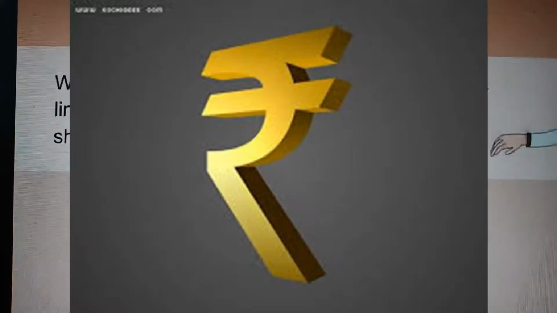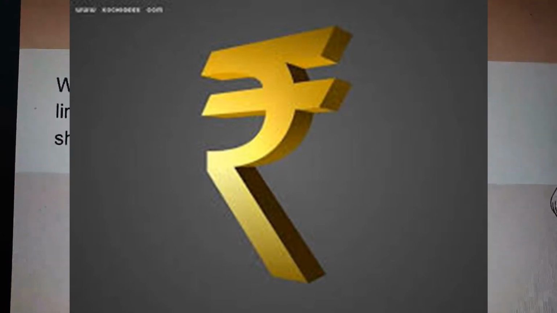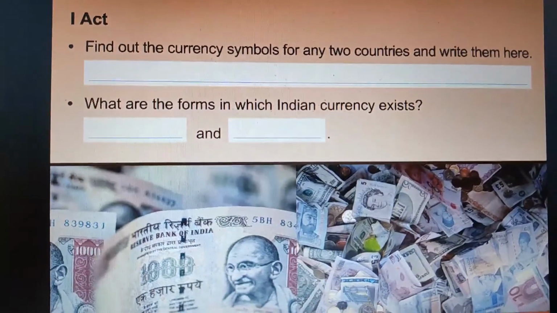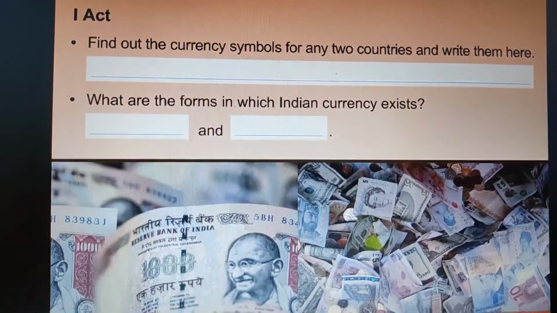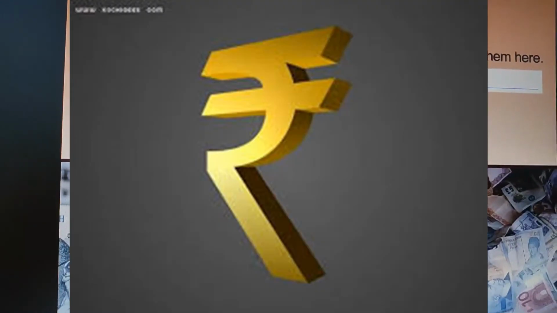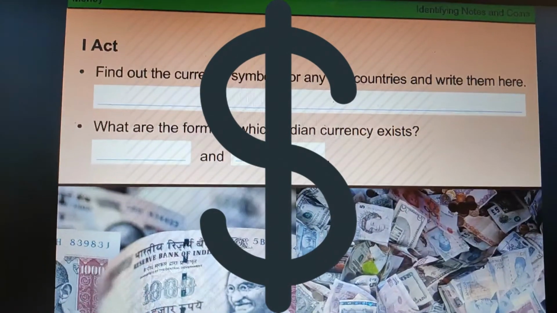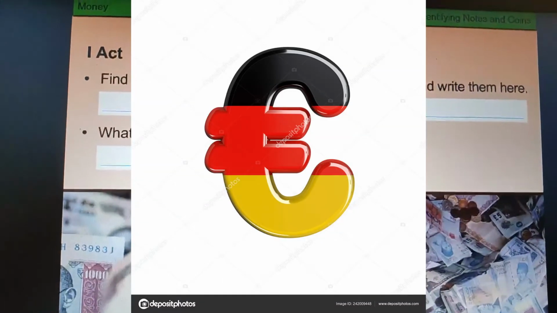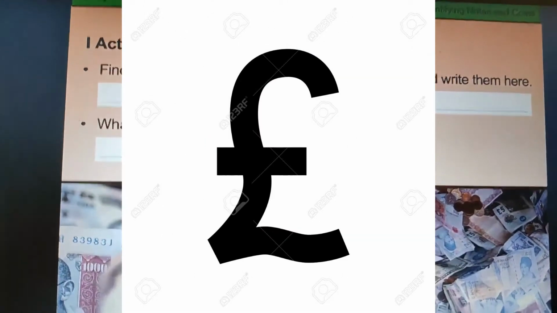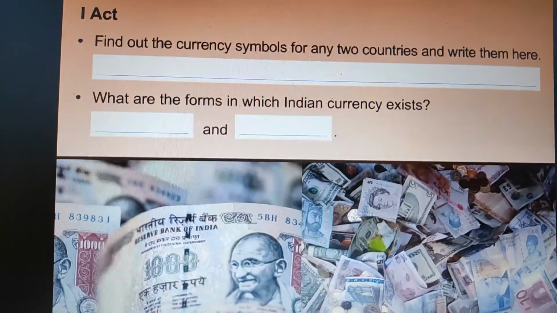This is the symbol of Indian currency, the rupee. Find out the currency symbols for any two countries and write them here. For example, Indian currency is the rupee. America's currency is the dollar. Germany's currency is the euro. England's currency is the pound. Like this, find out any two country symbols and write them here.